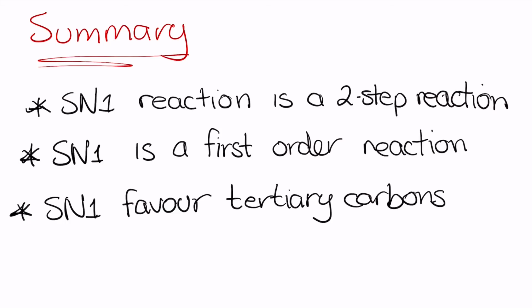So to just finish off with a quick summary, it's important to know that an SN1 reaction is a two-step reaction. The first step being the removal of the leaving group, and this is typically the slowest step, and the second step being the addition of the nucleophile. It's also important to note that the SN1 reaction is a first order reaction, and that's why it's called SN1.